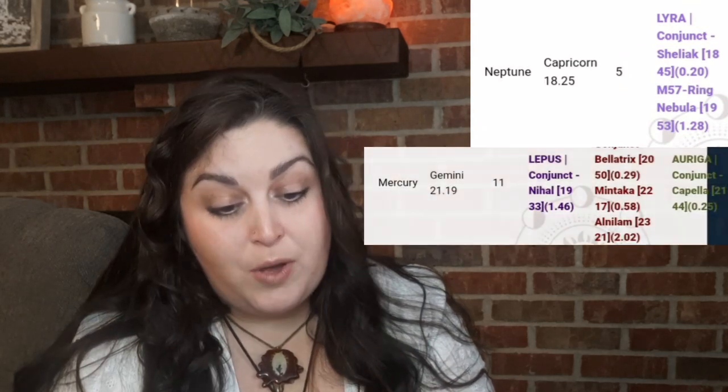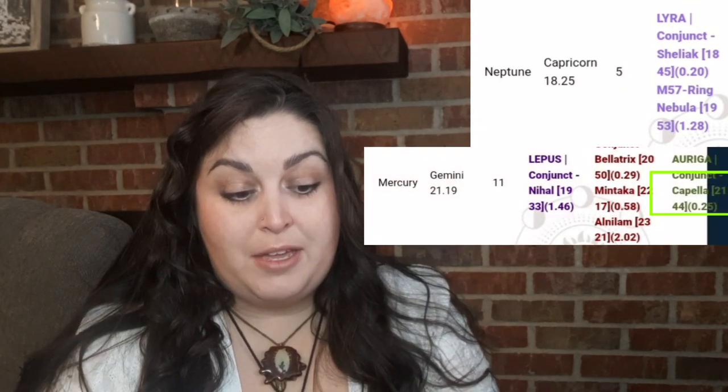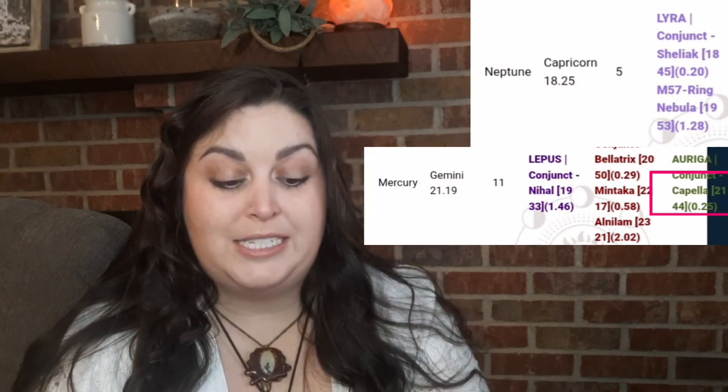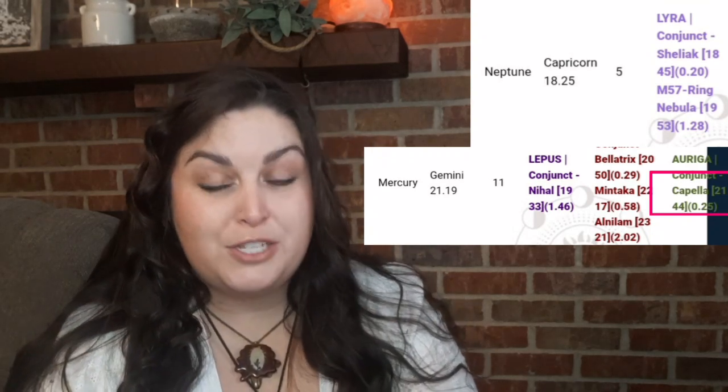And then my other one for Mercury, for the Capella, if you subtract the degrees, 21.19 and 21.44, so you're subtracting the minutes, then it's 25. So technically the closest one would be the Lyra, as being my strongest soul connection, where I had the most positive experiences, where I've learned the most, and the most traits that I have now in this life.